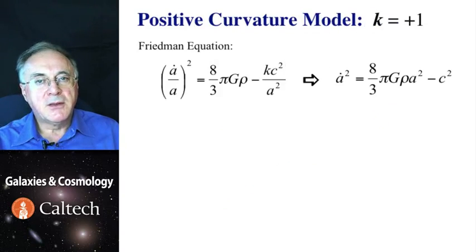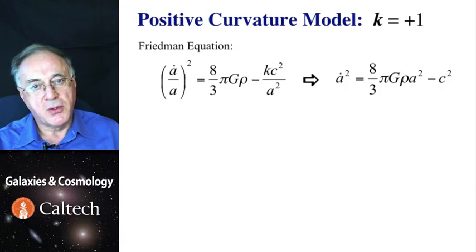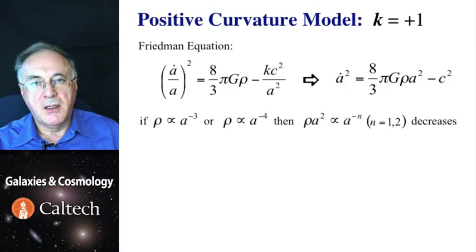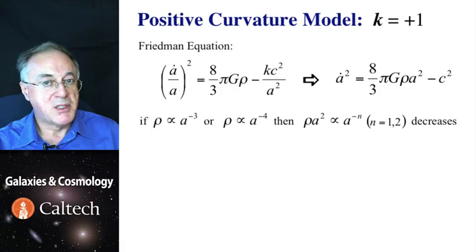Now let's consider a more general case, models in which matter, radiation, cosmological constant, or dark energy can be present. First, let us look at the model with a positive curvature. Here we can write the Friedmann equation again and transform it as shown here. Now, if the density declines as a 3rd power of the scale factor, as it would be appropriate for the matter-filled universe, or as 4th power, as it is appropriate for radiation, then in any case, the product of the density and square of the scale factor declines as scale factor to the power of either -1 or -2.